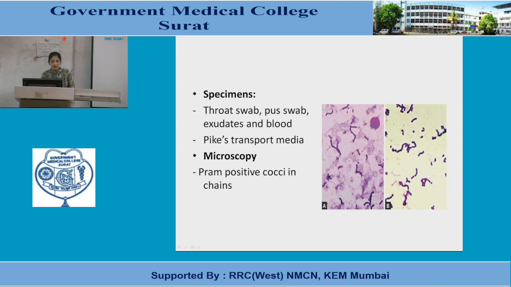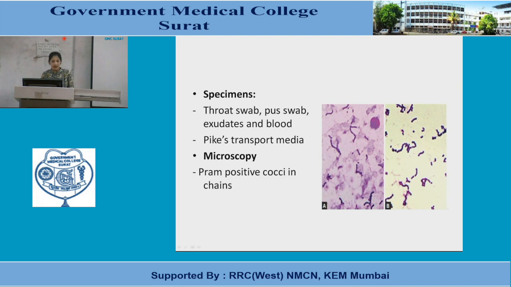Sometimes the patient has bacteremia or septicemia, so we have to take blood samples. Whenever the lab is far away from the hospital setup, we always have to transport the sample in an appropriate transport medium. Here we can use Pike's transport medium.